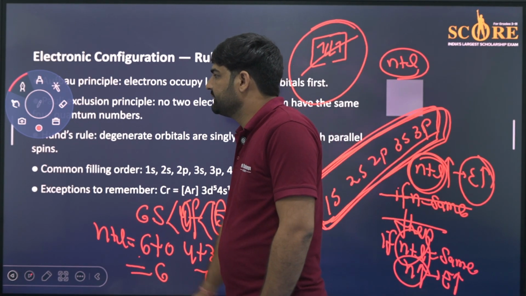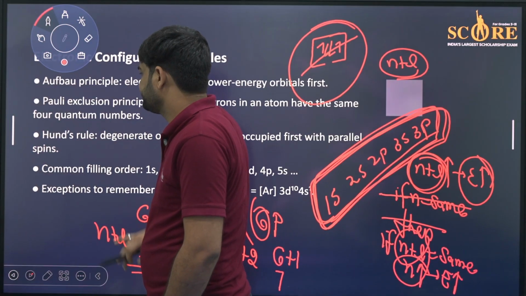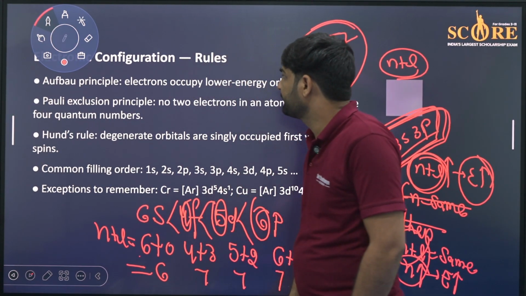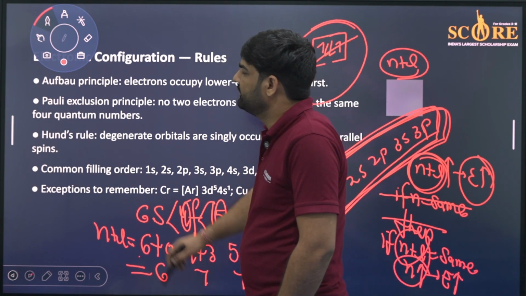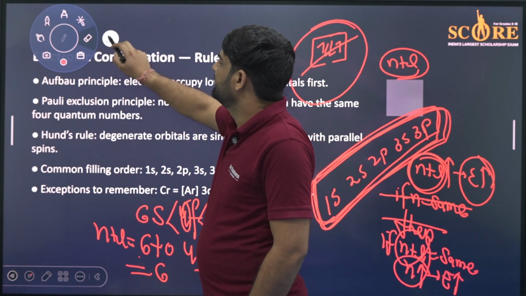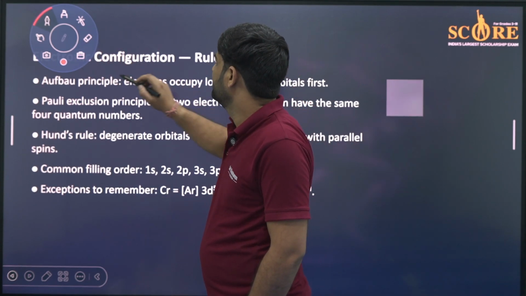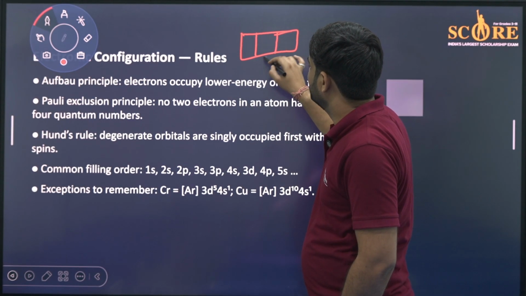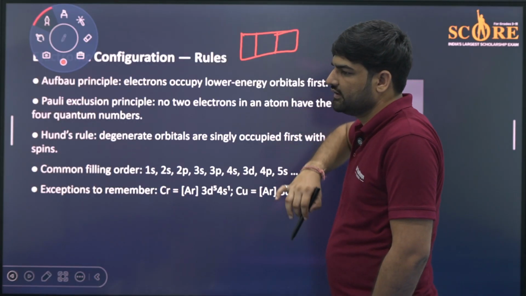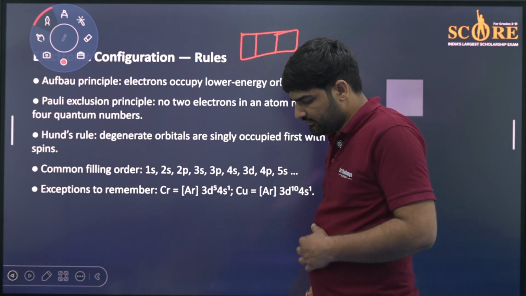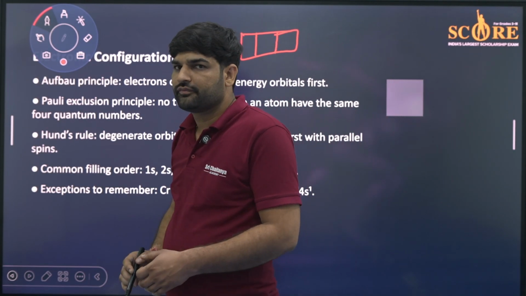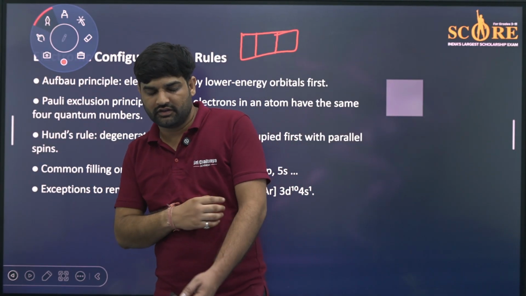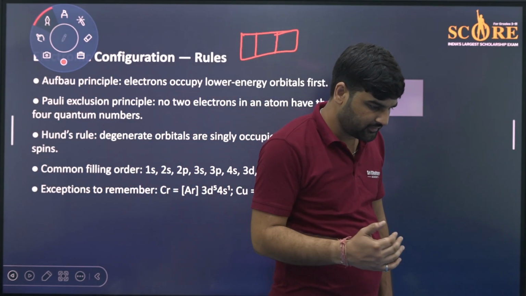Last rule is Hund's rule. Hund's rule is given for degenerate orbitals. In degenerate orbitals, electrons are filled up. Degenerate orbitals means orbitals of the same energy.